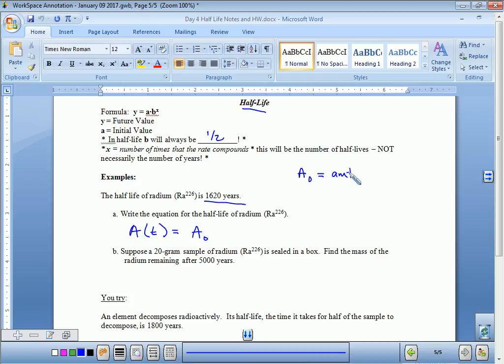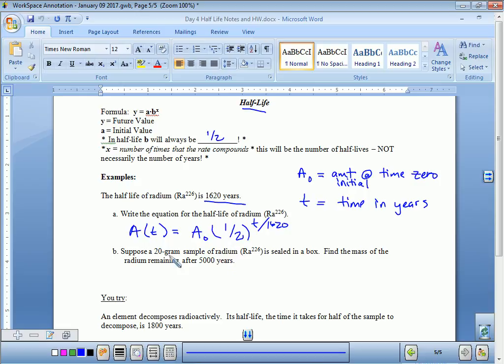So this is the amount at time zero, or the initial amount. Now it's half-life, so this would be 1/2. Now we always raise it to the number of half-life periods. And to find the half-life period, you take the time in years and divide by its half-life in years. So in this case, t would represent time in years. And this gives us the number of half-life periods.